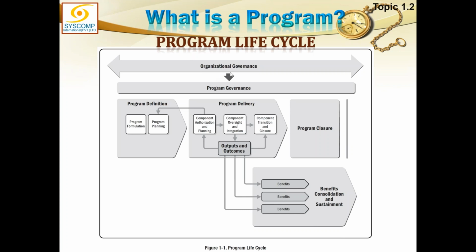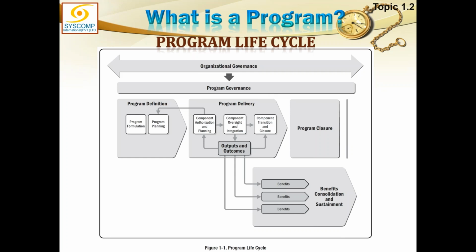So, as you remember, we talked about this. We said, first of all, there is an organizational governance, which is a big umbrella under which the programs, projects, and portfolios all exist. Even operations also occur under this organizational governance, and your program sets up its own smaller umbrella, which is more detailed as far as the program work is concerned.